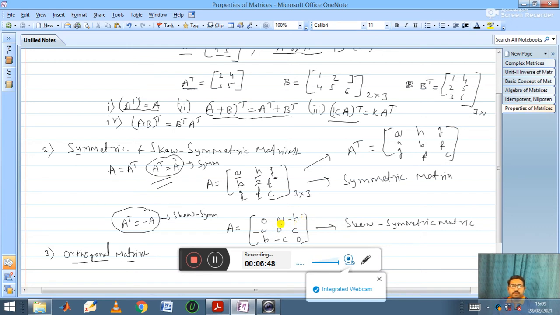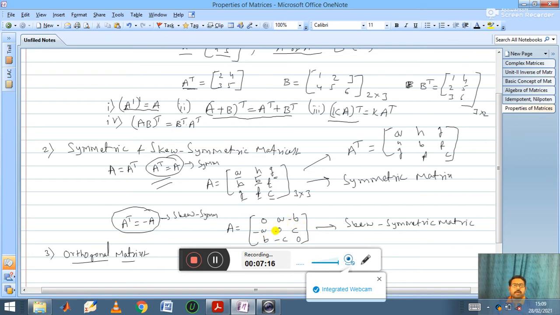Then observe the difference between symmetric and skew symmetric. What about the diagonal elements in the case of skew symmetric? All the diagonal entries are 0 and the non-diagonal entries have opposite signs. Here the A12 element is a, and downside you have minus a. Here minus b, plus b; c, minus c.